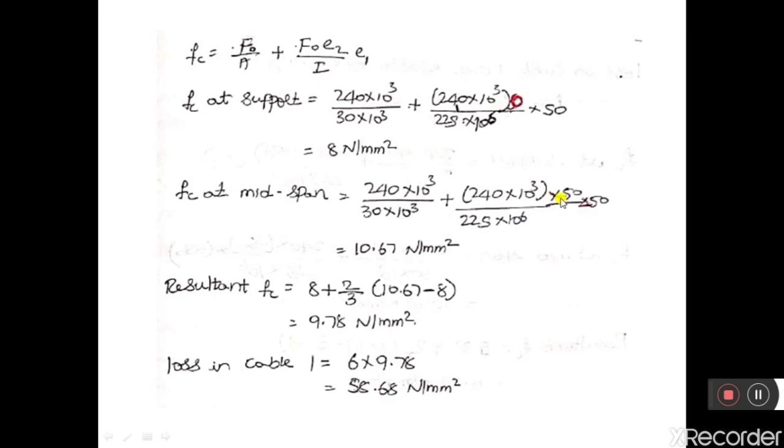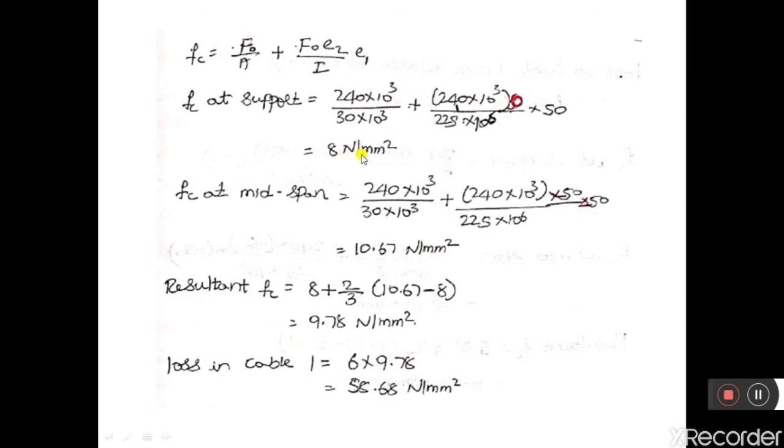So E2 is minus 50, E1 is minus 50. Therefore, compressive stresses developed in the member due to eccentricity of 50 mm at midspan is equal to 10.67 Newton per mm square.